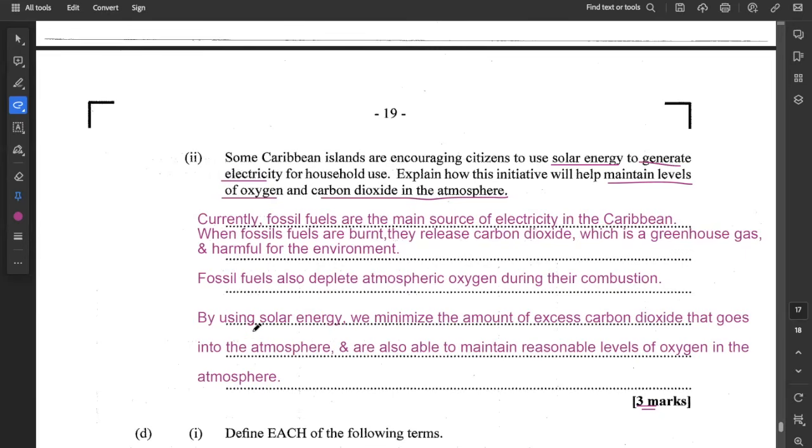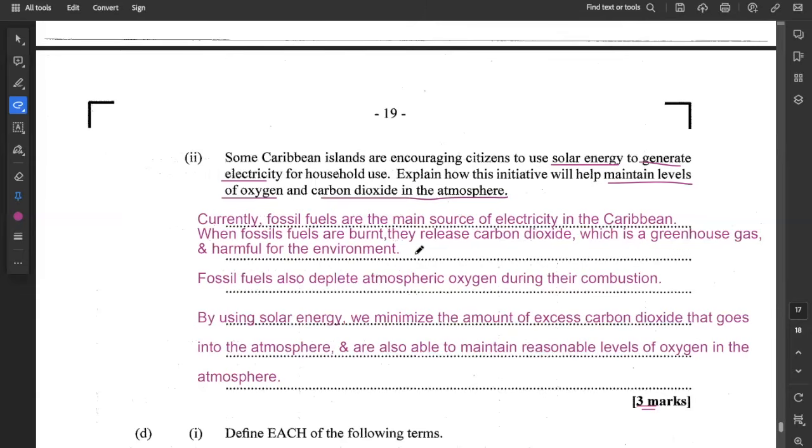Now, if we use solar energy, then we minimize the amount of excess carbon dioxide that goes into the atmosphere, so we can maintain reasonable levels of oxygen in the atmosphere, as well as reasonable levels of carbon dioxide, because we're not putting in any excess from burning fossils, and we're not using up any oxygen to also burn these fossils, okay?